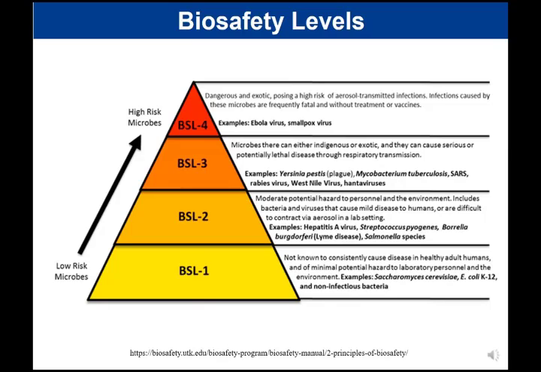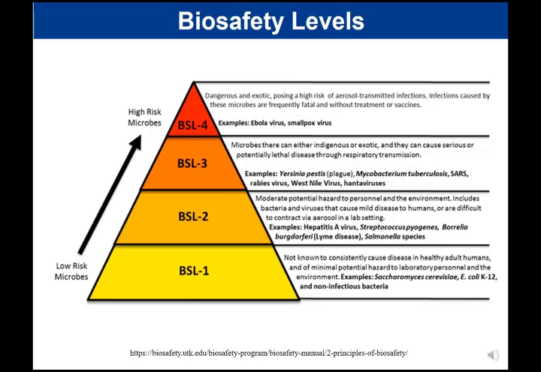So when working with bacteria and other types of microbes, different microbes can be given different biosafety levels. And depending on an organism's biosafety level, that will dictate what types of precautions must be used when handling those organisms. So the lowest risk microbes fall into the category of biosafety level 1. And so you can see down here in yellow, biosafety level 1 is the lowest risk microbes.